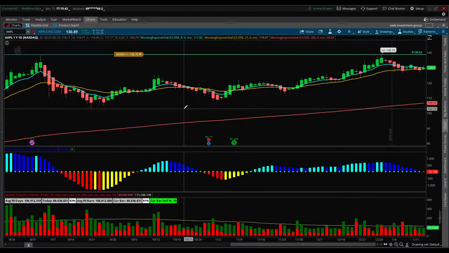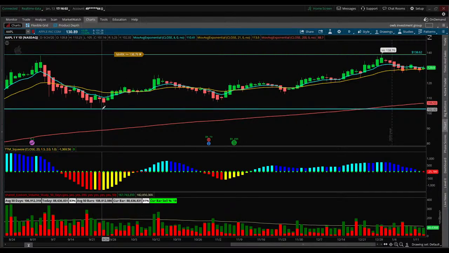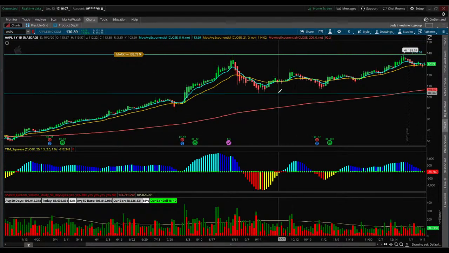So again, support, think of it as like you're walking on thin ice. As you're walking, if you break that ice, you're going down, right? You fell through. So Apple right here, you see this wick? This is its support.